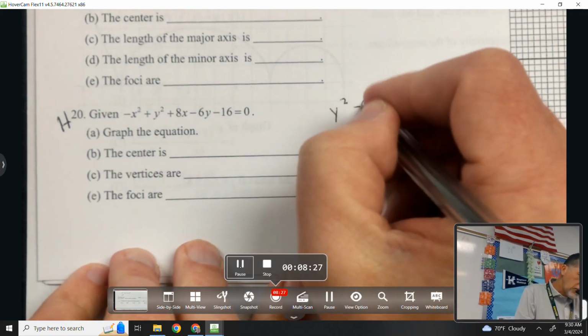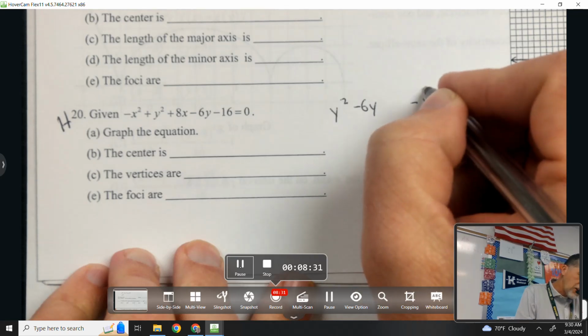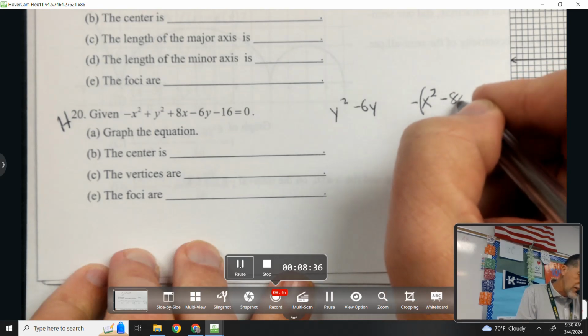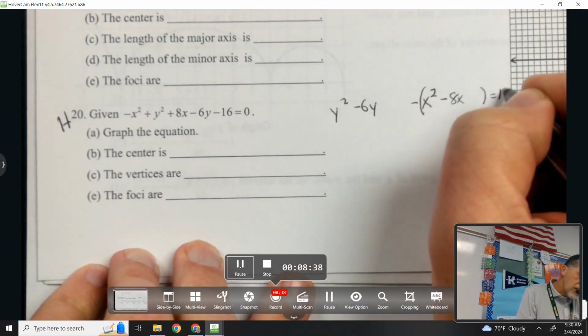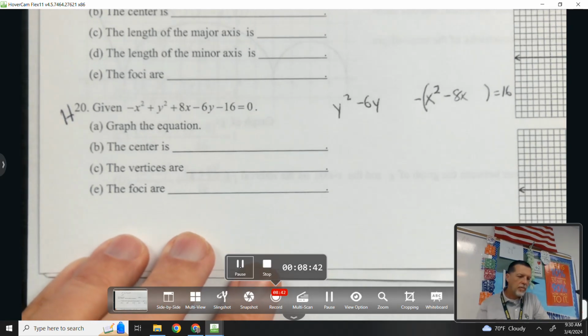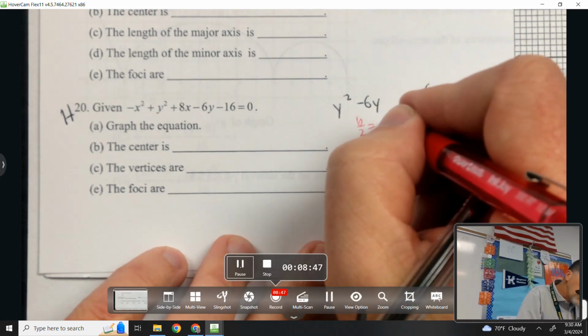So y squared minus 6y minus, I'm going to factor out the minus sign on the x stuff. Which means I need to be careful with that 8x. So b over 2 is negative 3.